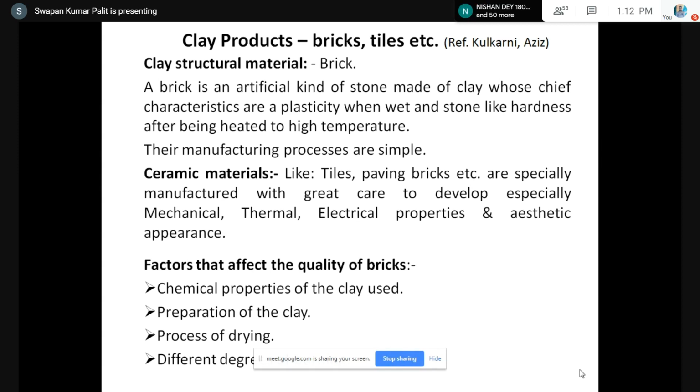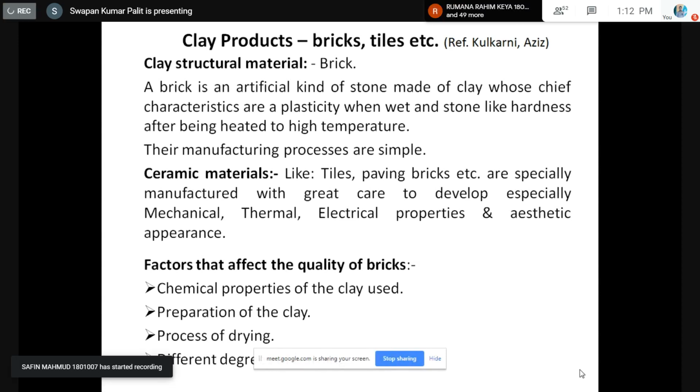Similarly, different degrees of burning, various degrees of temperature you have to apply. So what are these degrees of burning? These 4 factors will affect the brick quality. We can say first class brick, second class brick, third class brick. So quality will depend on these 4 factors.